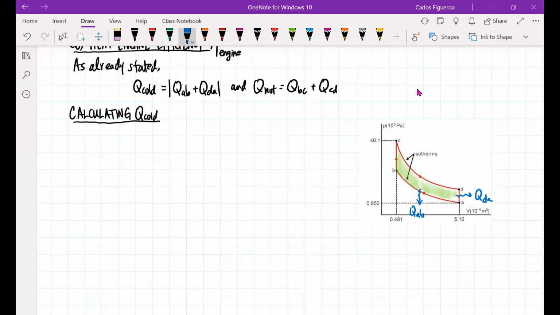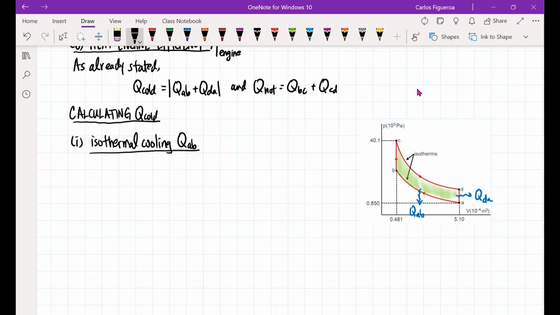So I've got to calculate those two quantities. The first one that I'm going to calculate is the isothermal cooling QAB.